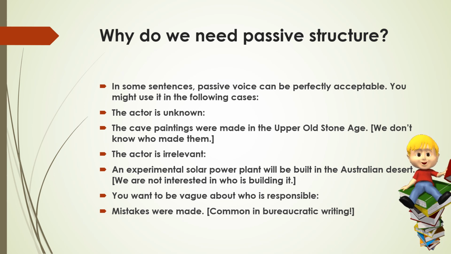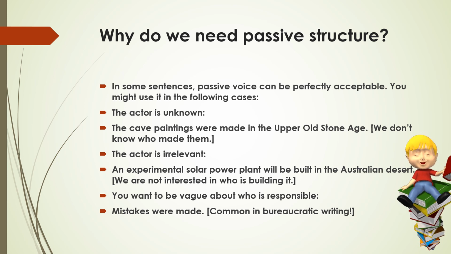So for example, the cave paintings were made in the upper old stone age. In this line you can see the writer does not know who made them, who made the paintings actually, right? Okay, another use of passive structure is when the actor is irrelevant, right?